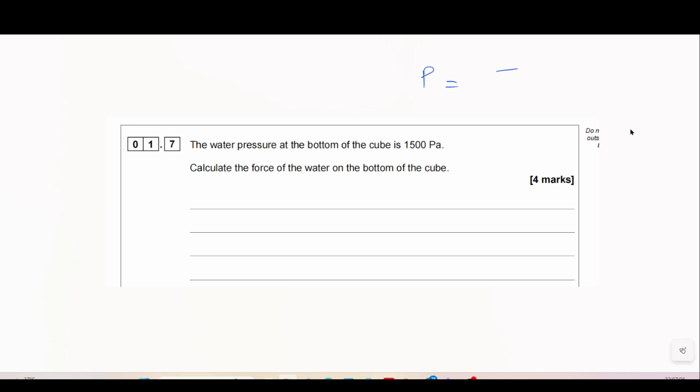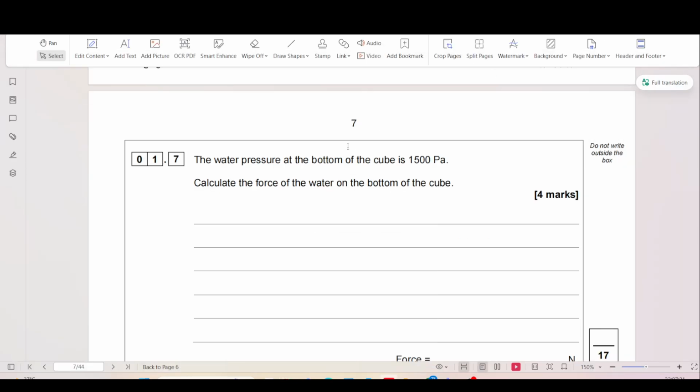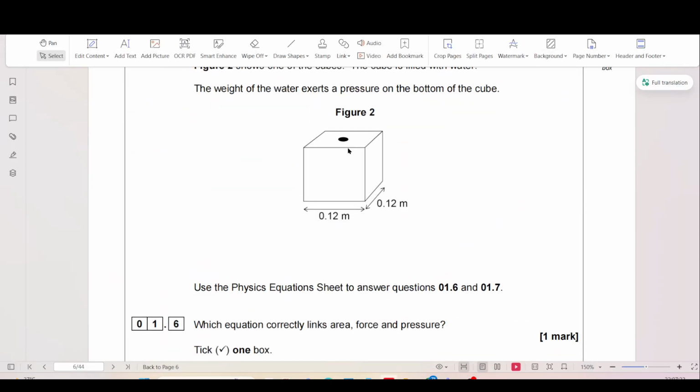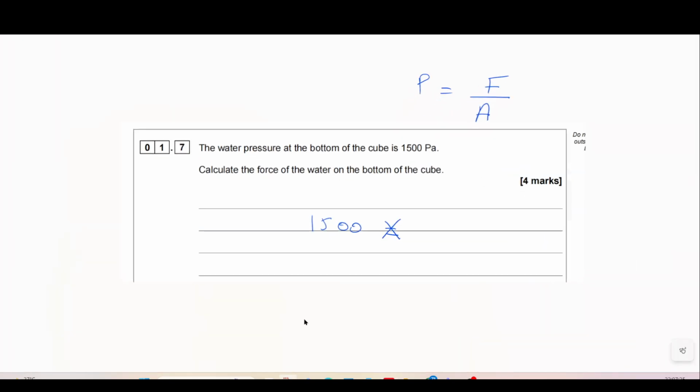Pressure equals force over area, right? So force equals pressure times area. 1,500 pascals times the area of that cube, 0.12 times 0.12. Exactly.